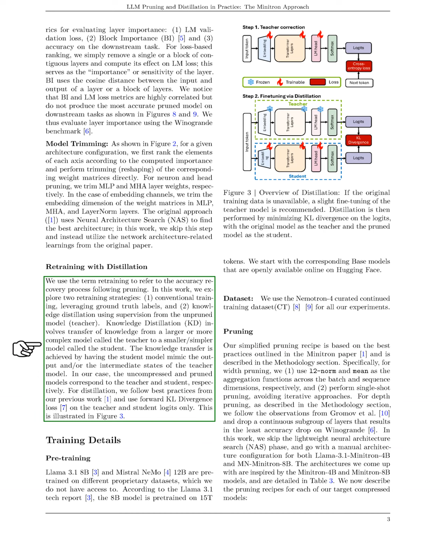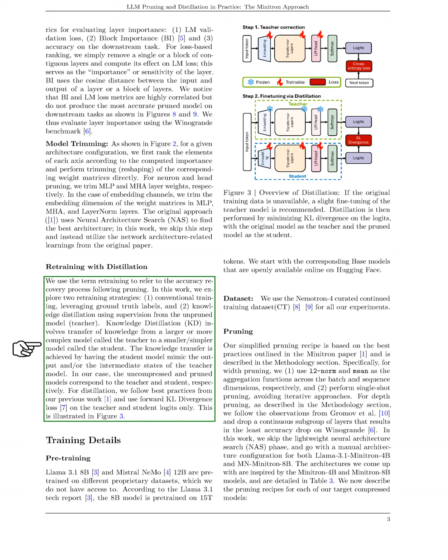Knowledge distillation involves the student model learning to replicate the outputs and intermediate states of the teacher model. In our case, the uncompressed model acts as the teacher, while the pruned model is the student.